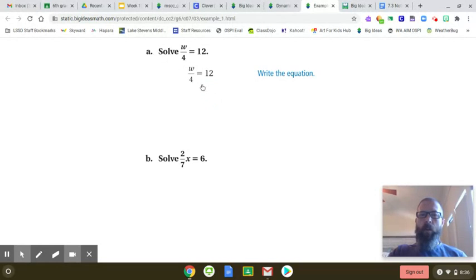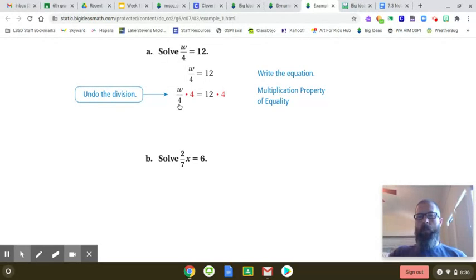So we're going to write the equation on our paper. Then we're going to undo the division. We're going to multiply by the reciprocal, which is 4. So this is actually 1 over 4, 1w over 4. But this is w divided by 4, so I'm going to multiply by 4 to undo that division.